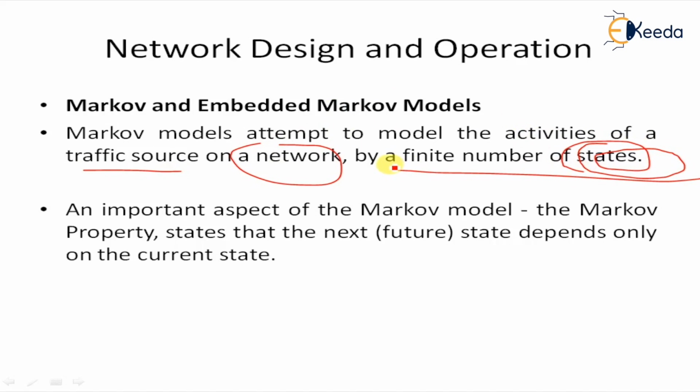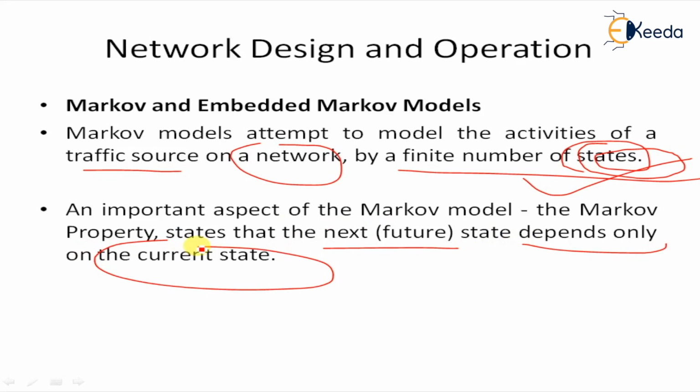However, the complexity of the model also increases proportionally with the increased number of states. An important aspect of the Markov model is the Markov property, which states that the next or future state depends only on the current state.